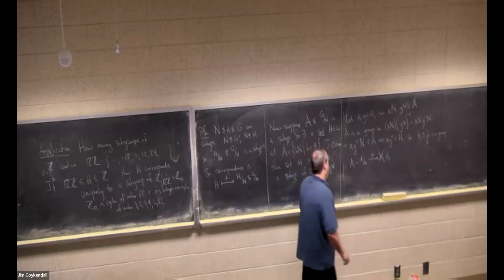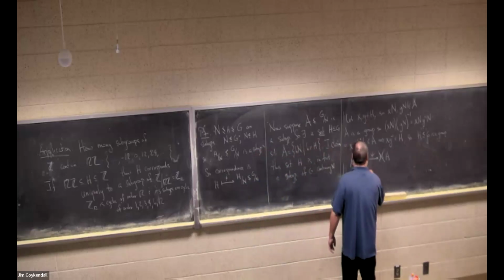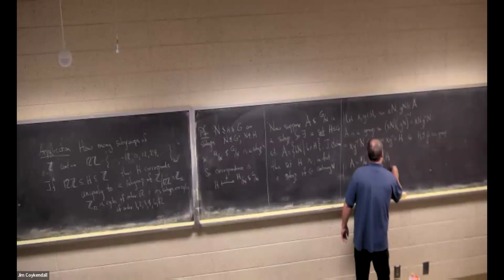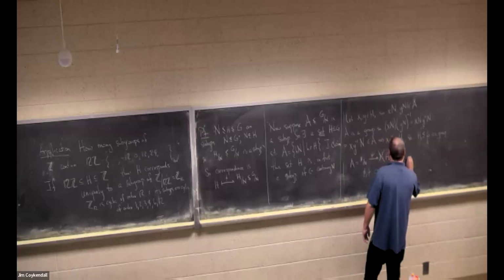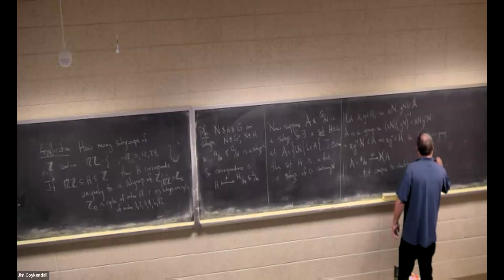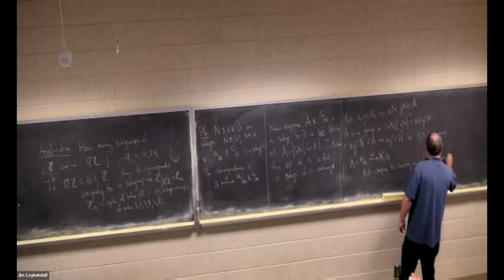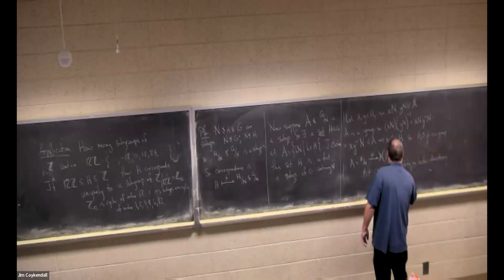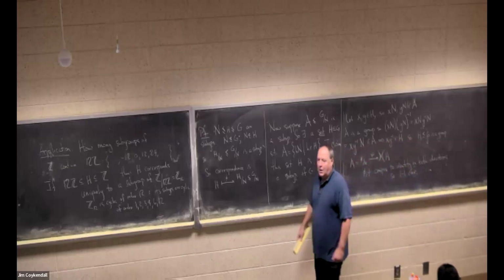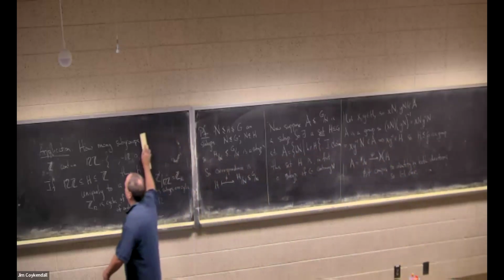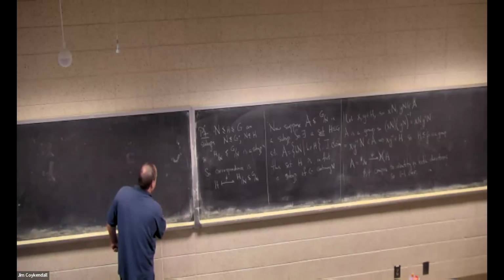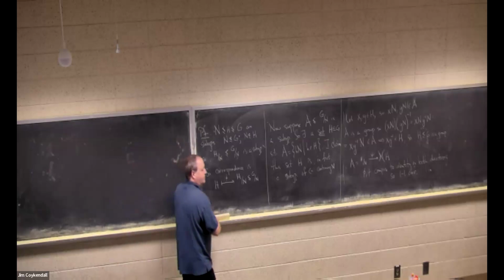So these compose to the identity in both directions. So it's one to one. There's that part of it: I have a one-to-one correspondence between subgroups of G that contain N and subgroups of G mod N.